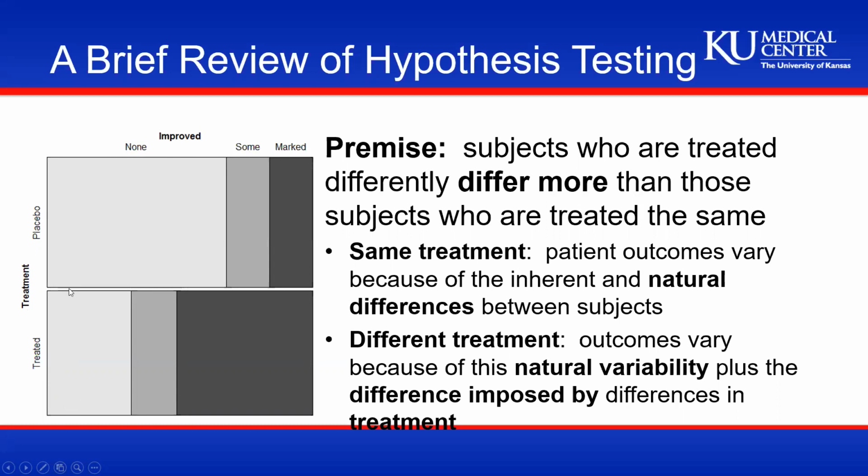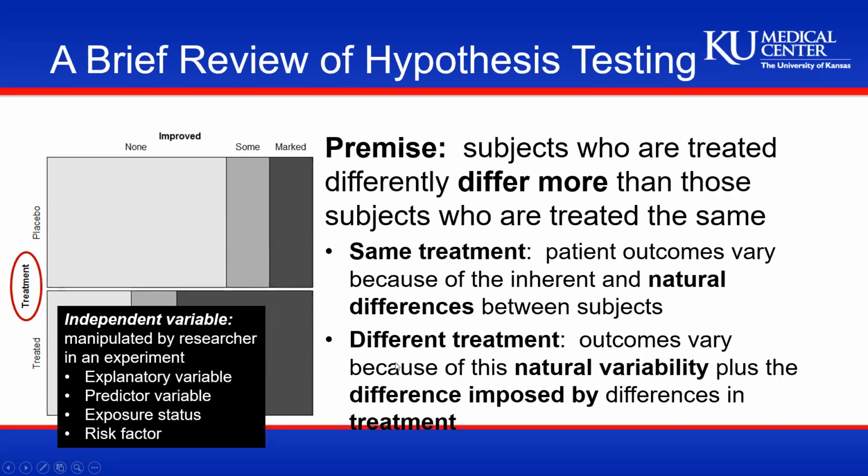It might just be my eyes. And then also within placebo and within treatment, what fraction of those subjects responded in what way. So no improvement is obviously higher. There's a higher fraction of no improvement in placebo than in treatment. Some is about the same, and then you see a big difference here in terms of marked improvement. So there are much more positive outcomes in the treatment group than there are in placebo.